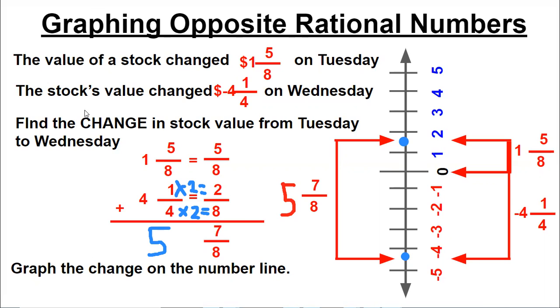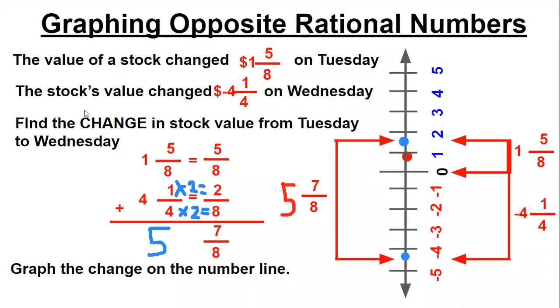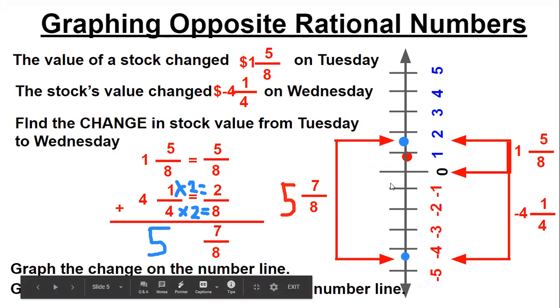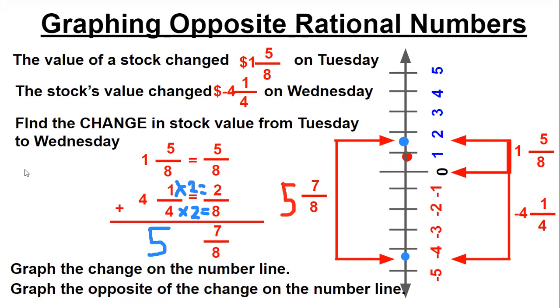So then we've got to change, what is this? Graph, oh, so now we have to graph the opposite of the change. So graph the change on the number line. So they're saying graph 5 7/8. So that is not in the right spot. So never mind that. But graph the opposite. Ignore that because this is 7/8. It doesn't know about the 5. So just ignore those dots.